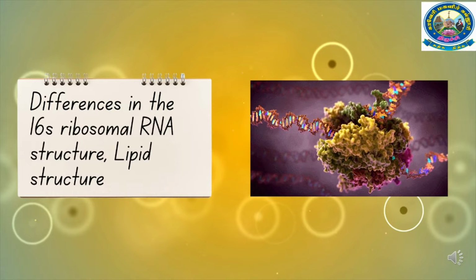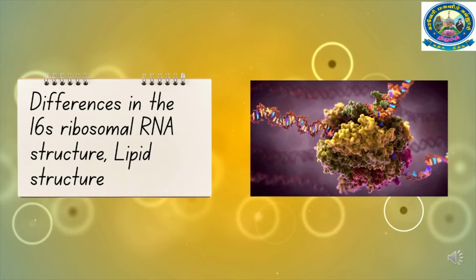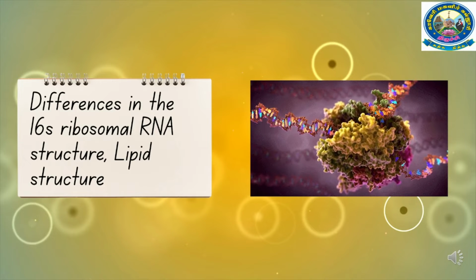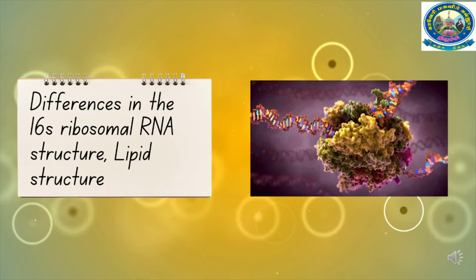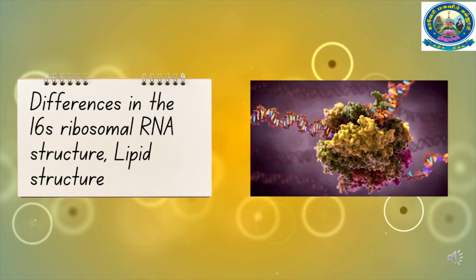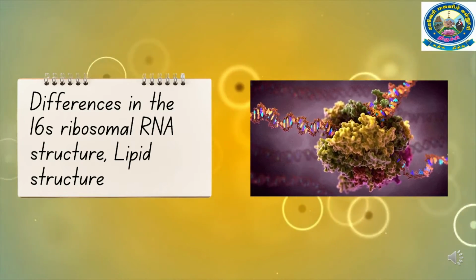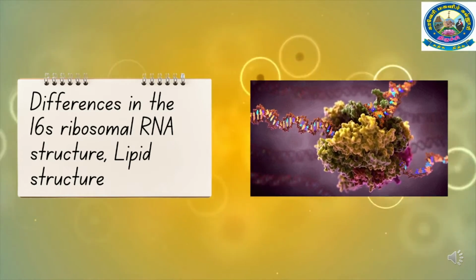Now coming to this classification system, it divides life based on the differences in the 16S ribosomal RNA structure as well as the cell's membrane lipid structure and its sensitivity to antibiotics. Their main difference from earlier classification systems is the splitting of archaea from bacteria.